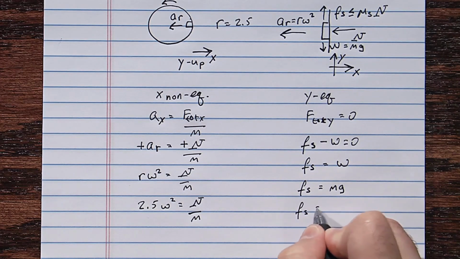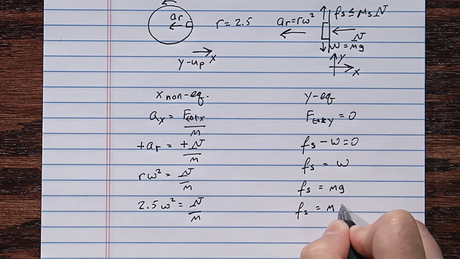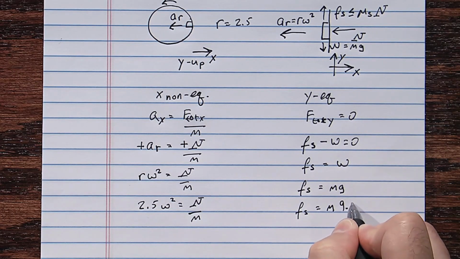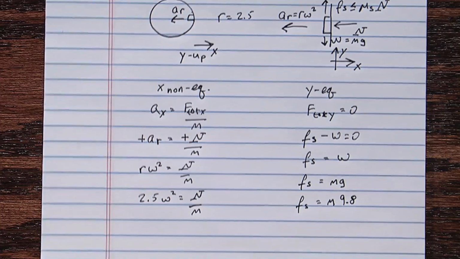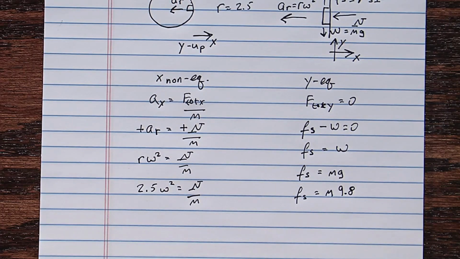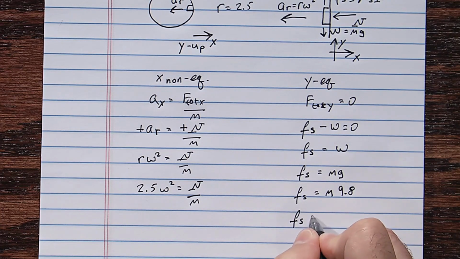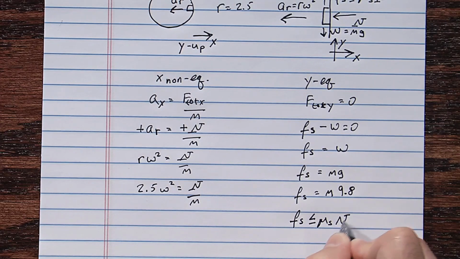So static friction force is equal to mass times 9.8. Now we know that the static friction force has to be less than or equal to the coefficient of static friction times the normal force.